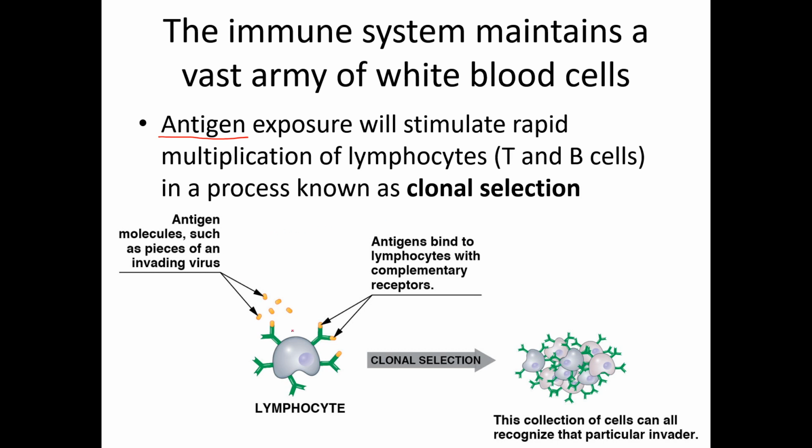So an antigen is presented to these T cells or B cells. Lymphocyte is another name for T cells and B cells. We will not use that term in this class, but if you go on to anatomy or microbiology, you may use that term. So T cells and B cells are stimulated to build a clone army of identical individuals to go and recognize and fight off that very specific invading pathogen.